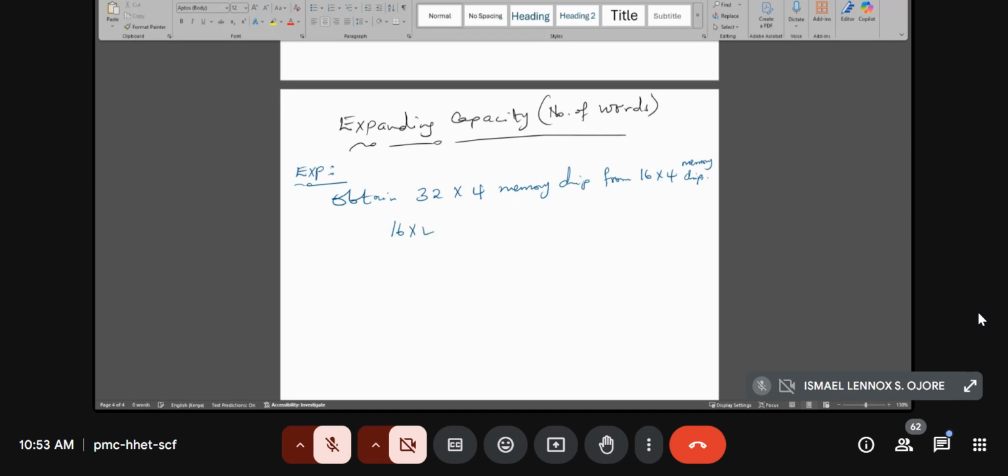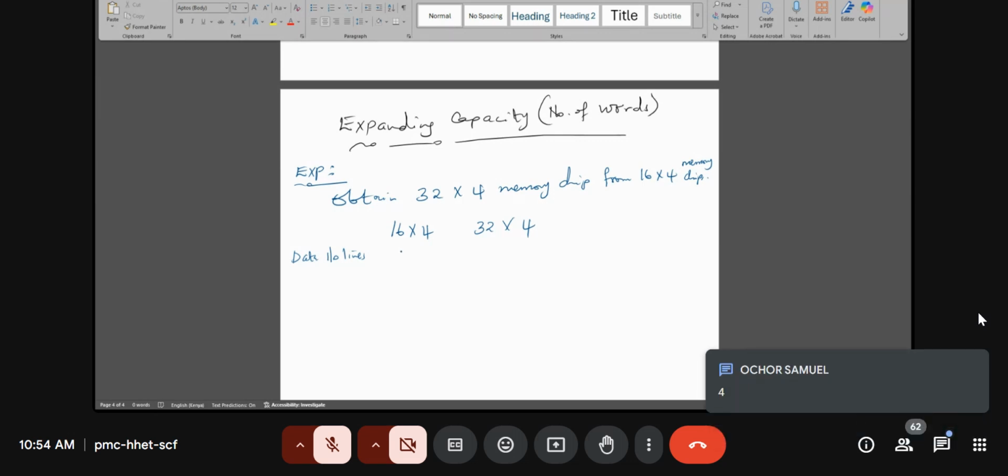So we have 16 by 4. We want to get 32 by 4. So for the data input output lines, how many do we need for 16 by 4? How many data input output lines do we need? Somebody? Yes? 4. Yeah, we need 4. What about for 32 by 4?